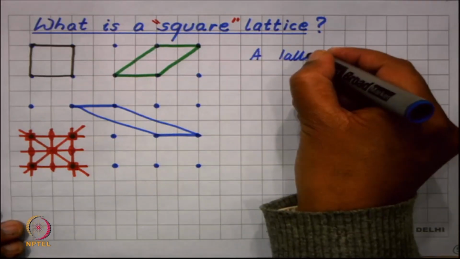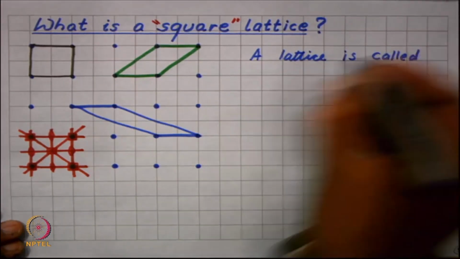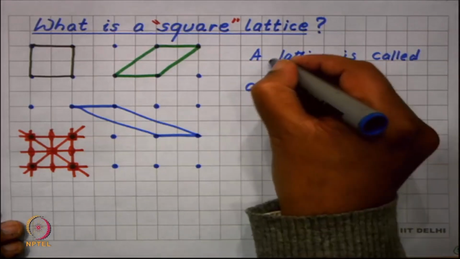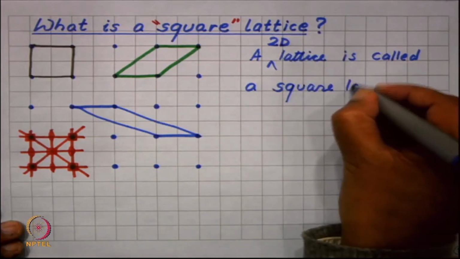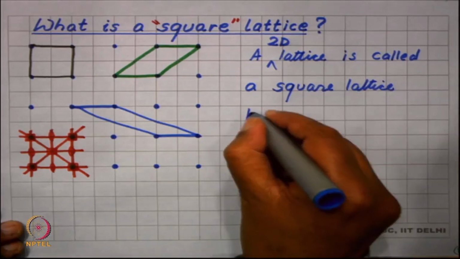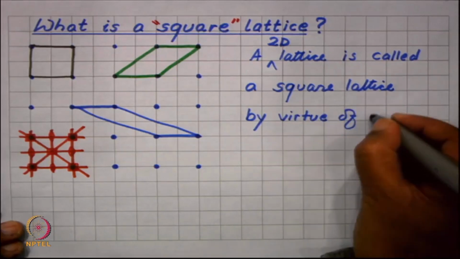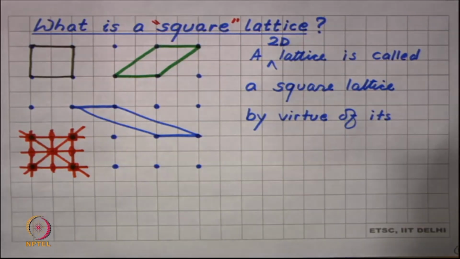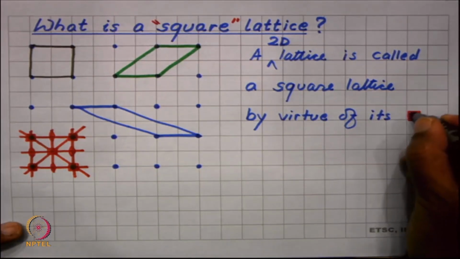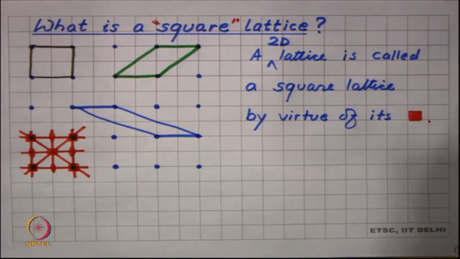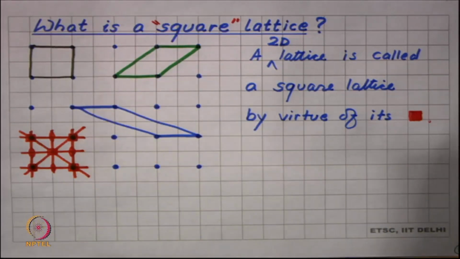So, a 2D lattice is a square lattice by virtue of its fourfold axis, not the unit cell shape, because the unit cell shape can be of arbitrary shape as well.